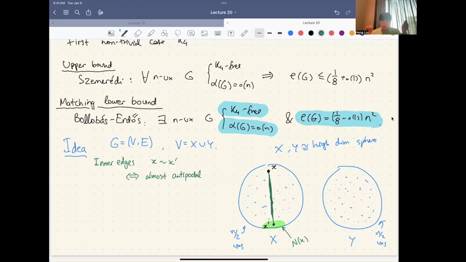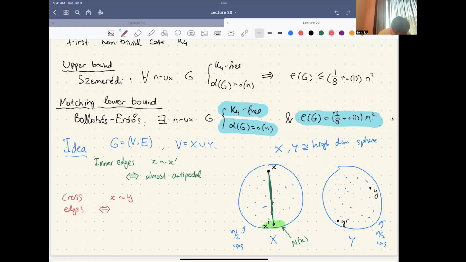Now, for the cross edges, we also define them geometrically. So for x and y, let's say you have y here, and y prime here. Cross edges, let me use red. x is adjacent to y if and only if, imagine x and y live in the same sphere, and if one lives in the hemisphere centered at the other.